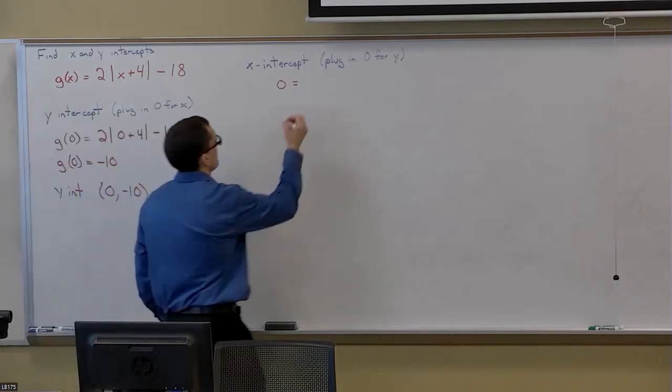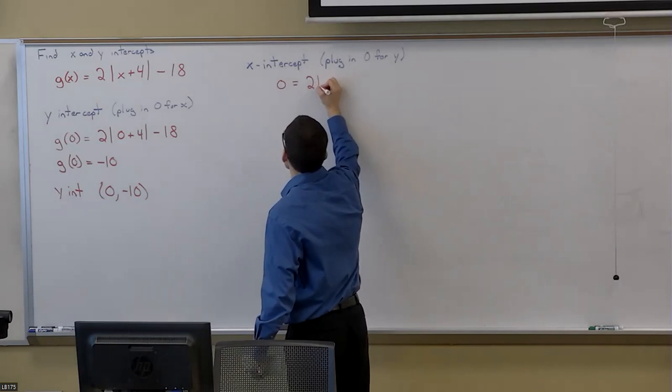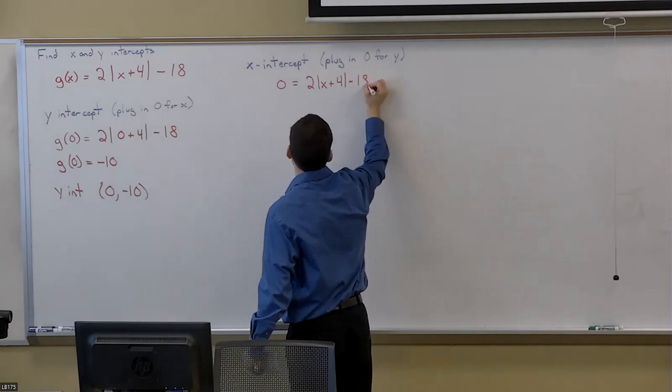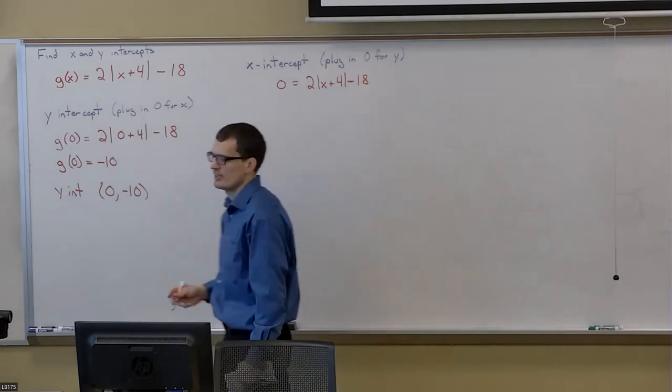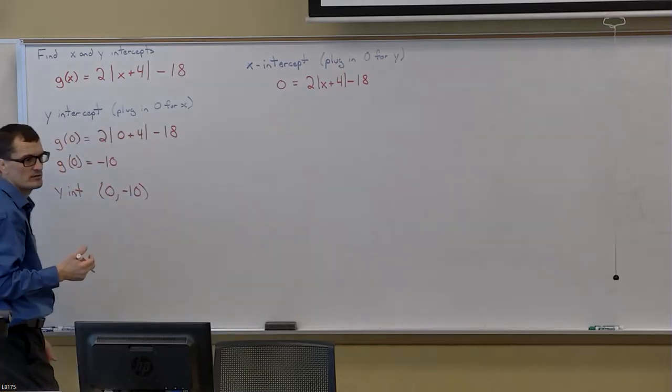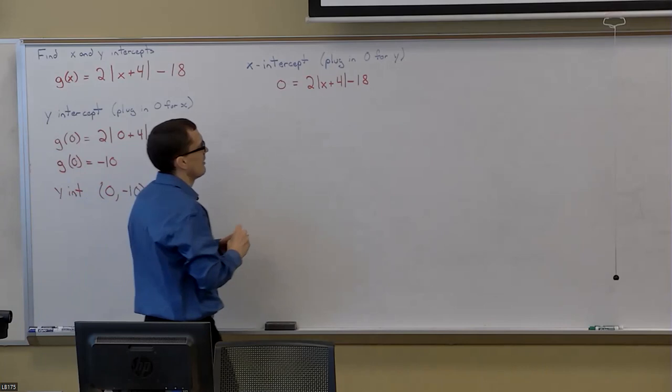The x-intercept happens when the y value is 0. So plug in y equals 0. And that gives you that your absolute value expression is equal to 0. And then we can solve this.